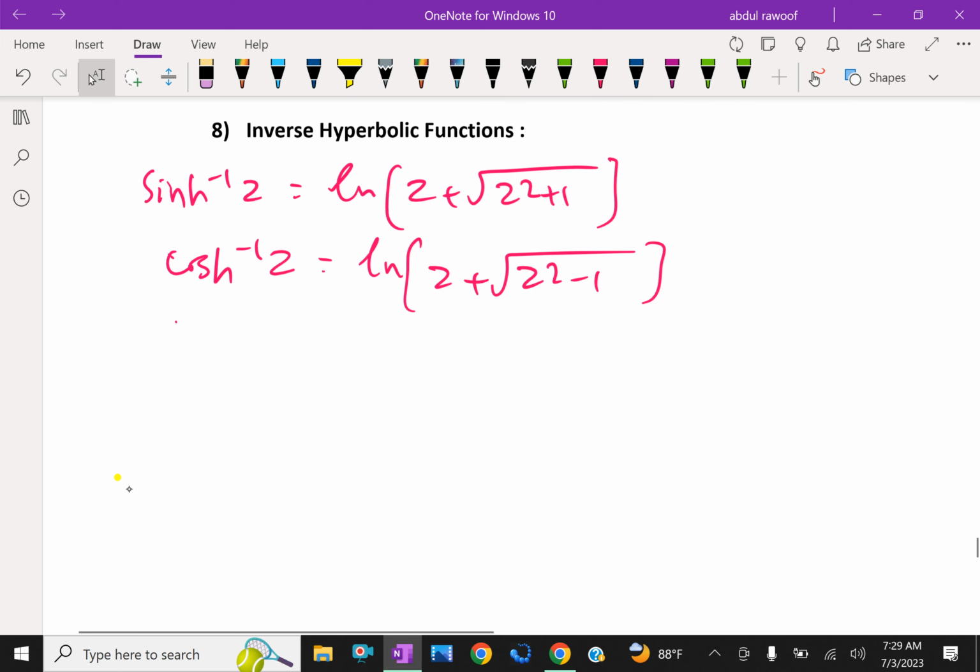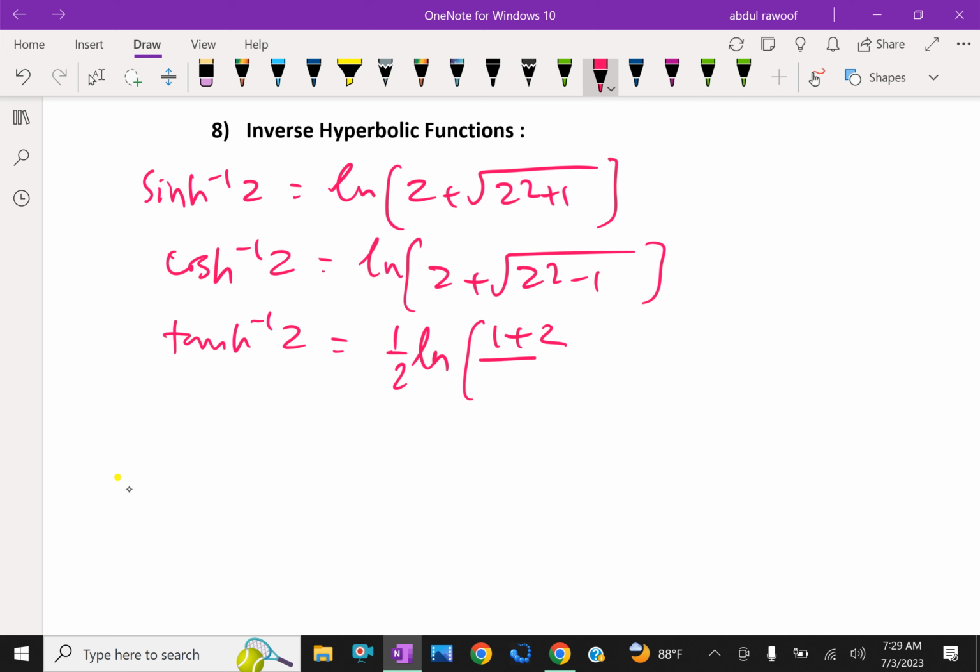Now tanh inverse z equals 1 by 2 ln of (1 plus z) over (1 minus z).